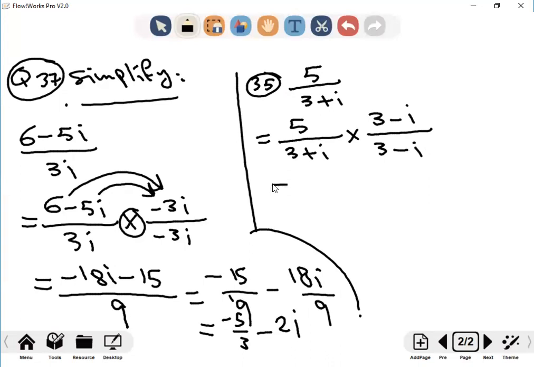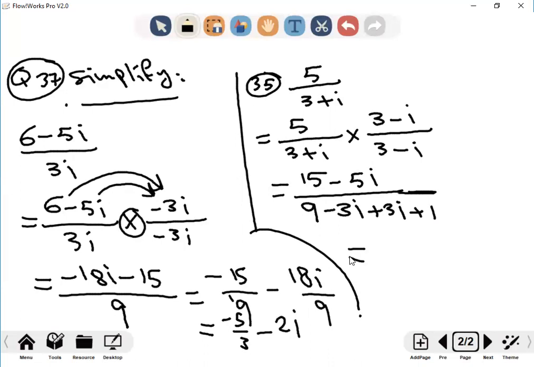5 multiplied by 3 is 15. 5 multiplied by negative i is negative 5i. Over 3 times 3, 9. 3 times negative i, negative 3i. I'm done with the 3, go to the i times 3, plus 3i. i times negative i, negative i power 2. But i power 2 is negative 1, and with the negative it becomes positive 1, right?